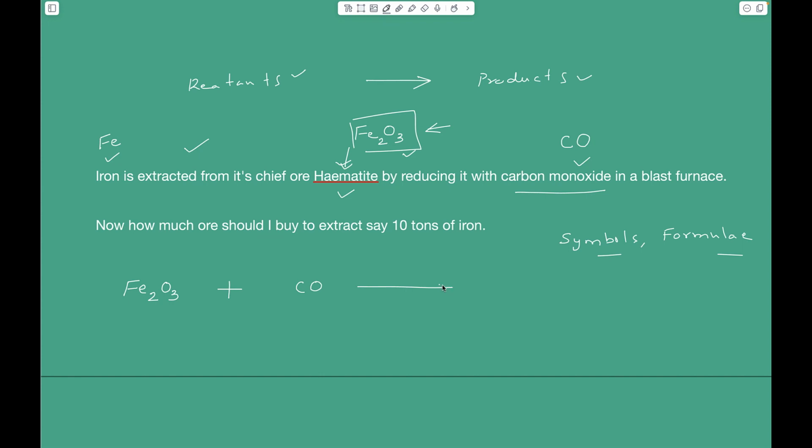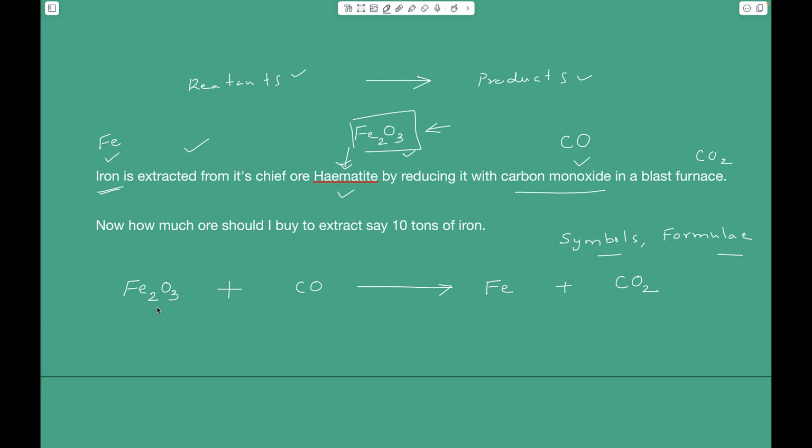Now we have to draw our arrow and we have to show the products to the right of this arrow. And one of the products in this reaction is iron, and we have to represent it by using its symbol, that is Fe. And experimentally we found that another substance that is formed during this reaction is carbon dioxide. And this is the formula of carbon dioxide, so we can represent it by using its formula CO2.